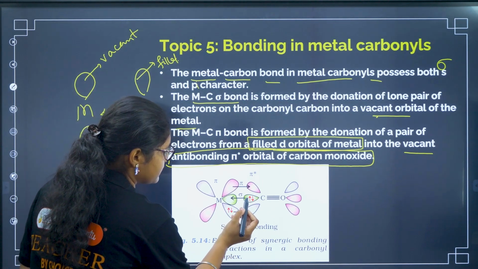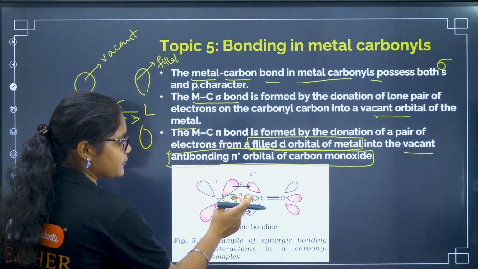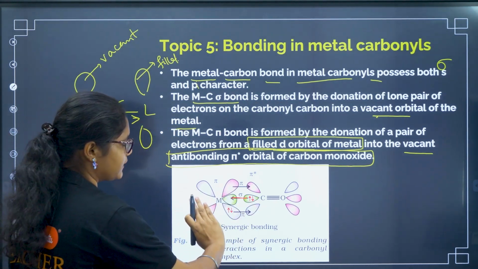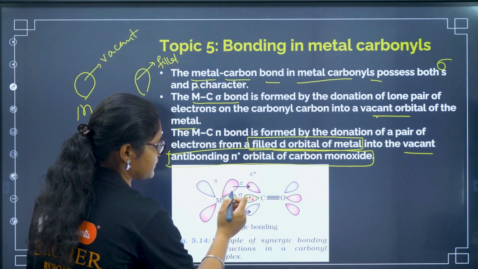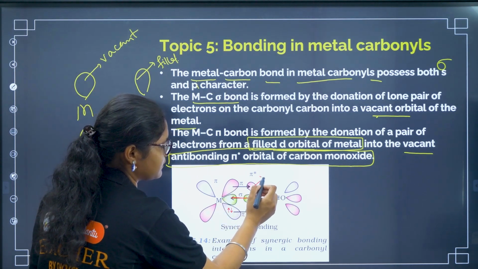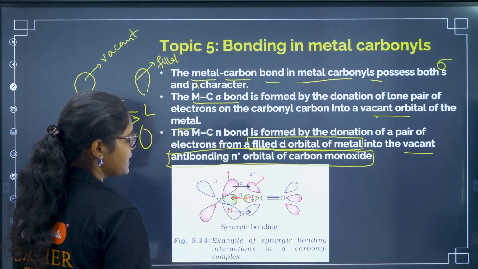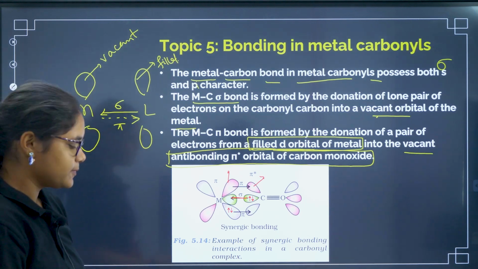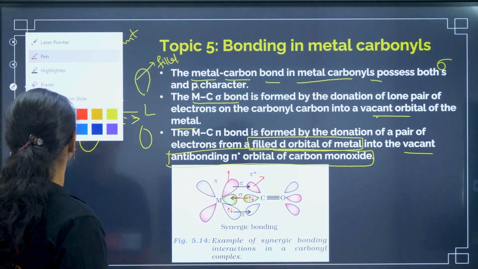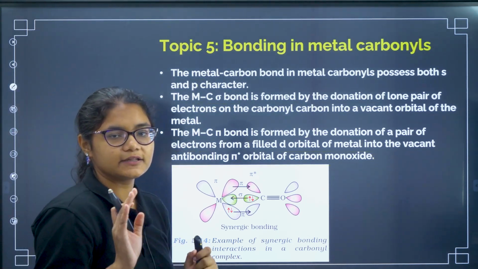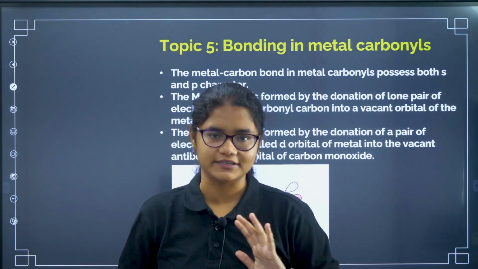First of all, from this part, that is your sigma bond, carbonyl is donating to metal. Then metal is donating to carbon from this orbital to this orbital. So this is the empty pi star orbital and this is the filled d orbital, right? So these are the most important topics in this chapter.